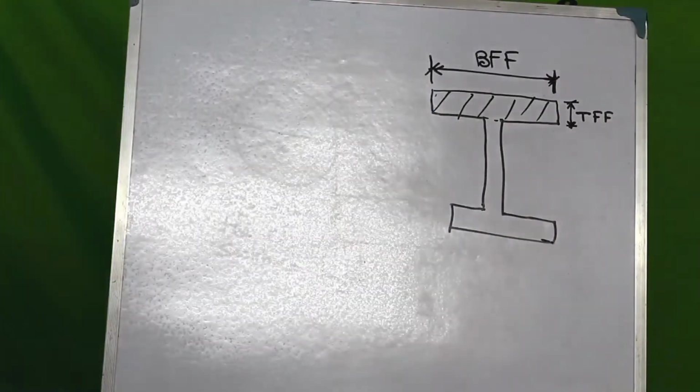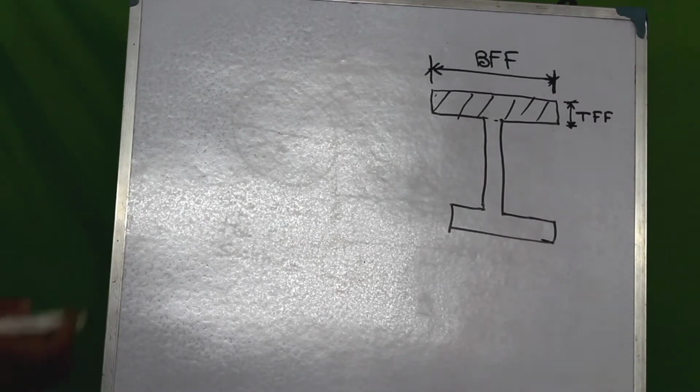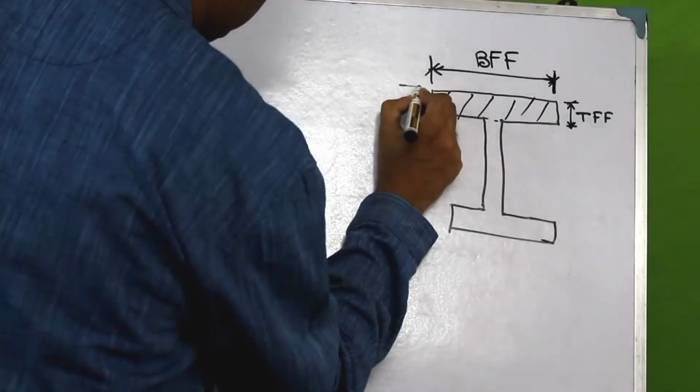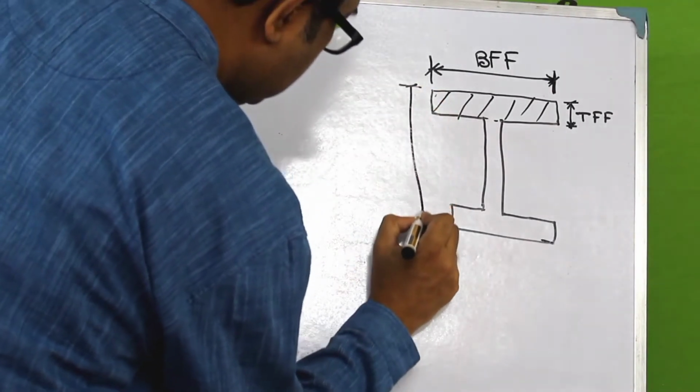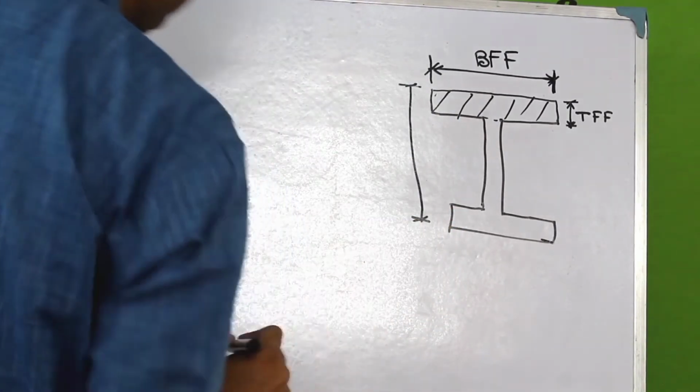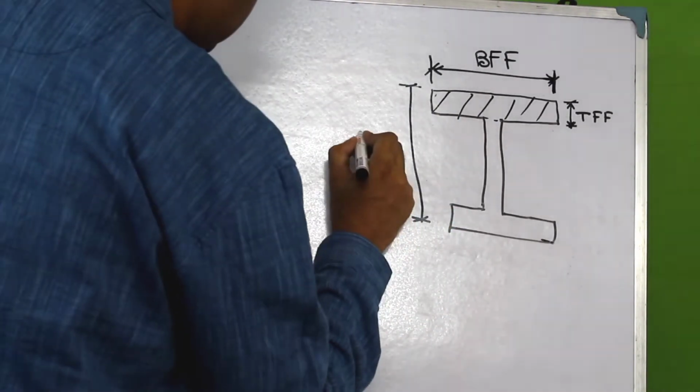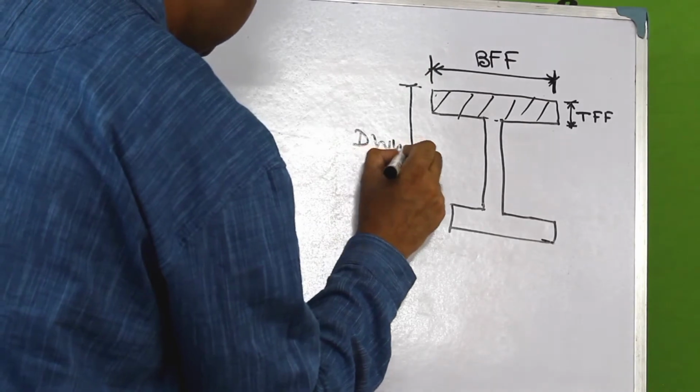The total depth of the section, which is from the top of the top flange till the bottom of the bottom flange, is represented as DWW.